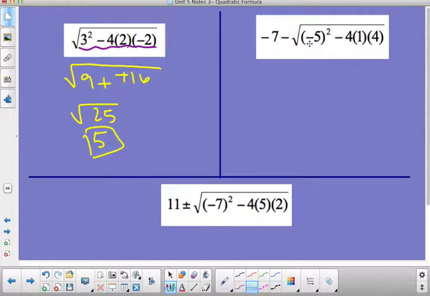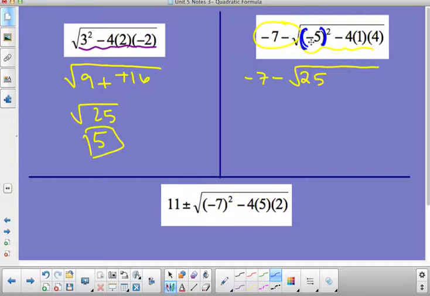If I simplify this one, I've got some stuff outside, but I still need to take care of what's underneath the radical first. So I'm going to leave that negative 7 minus alone for now, and then underneath the radical, simplify there. I've got negative 5 squared, which is positive 25. Be careful typing that into your calculator. Notice there are parentheses around there. That's for a reason.